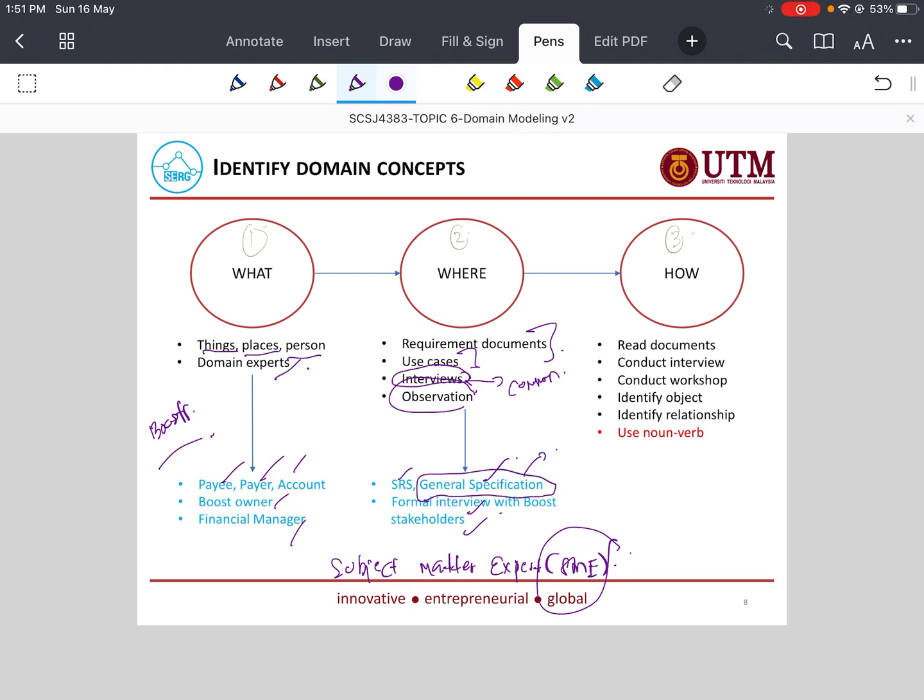The general specification is actually a very bulky document. It includes all the specs, starting from software, hardware, human, process, and so on. From here you will extract to develop the SRS and so on. This is not your scope, but when you jump to the industry, you will see this document.